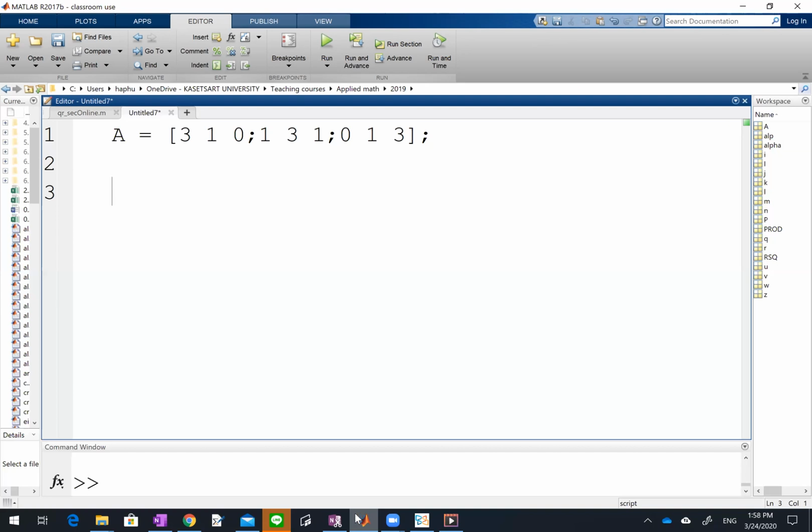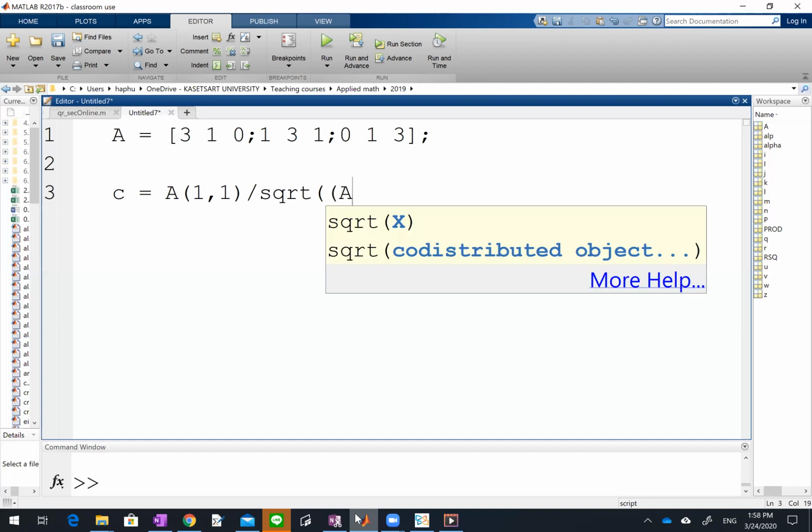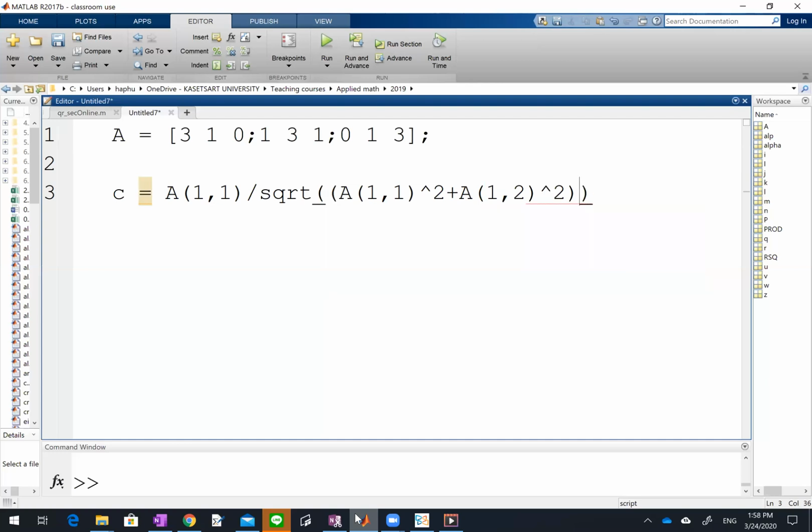So for solving cos, it's going to be A11 divided by square root of A11 squared plus A21 squared. Actually, 1,2 or 2,1 is going to be the same value, but I'm just going to say 2,1 just to match my lecture. This is too long.